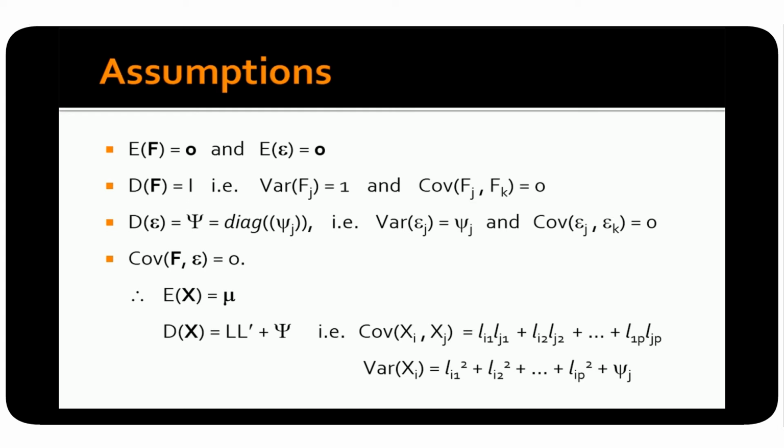So, it is basically the ith row of L and it is the product sum with the jth row of L. That would be the covariance. What about the variance? The variance will come out to be equal to Li1 square plus ... plus Lip square plus psi i. It is basically the square of the elements in the ith row summed up, and with it the psi i factor would also come in.